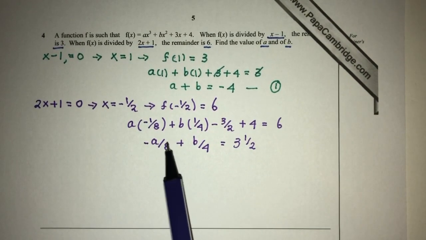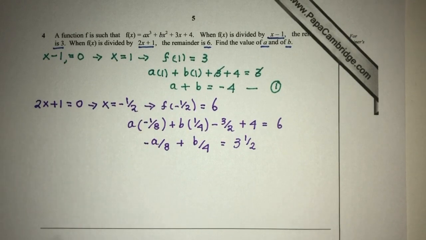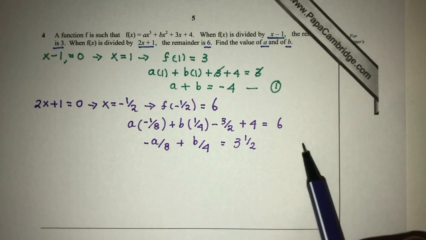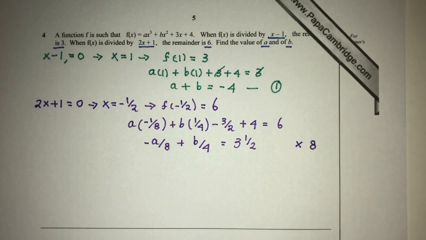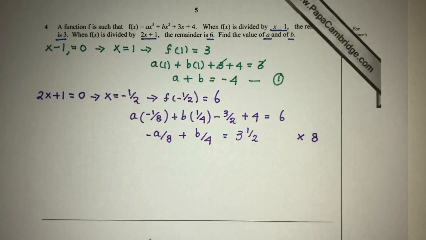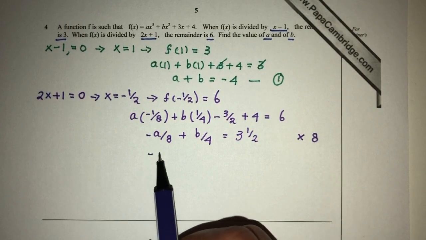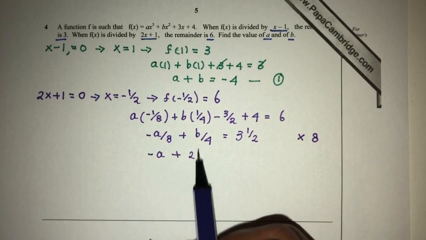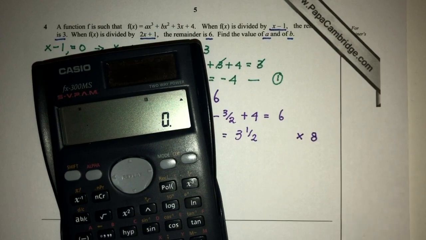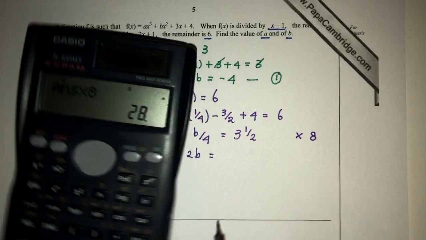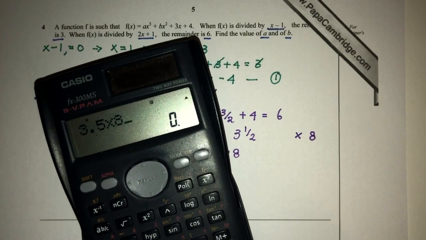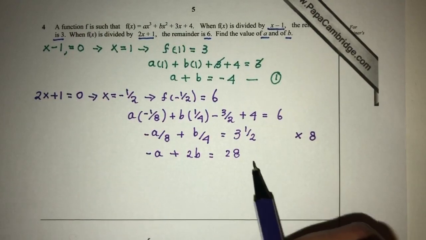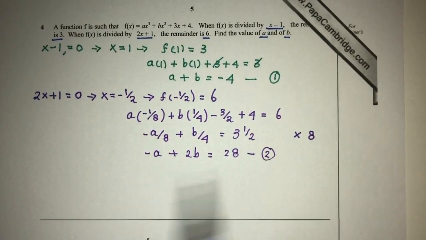Because we have the denominator as 8, here we have 4. We can multiply everywhere by 8 just to eliminate the fractions. It is way easier to work with integers than with fractions, right? Let's do that. This will become minus a plus 2b. That will be what? So answer times 8, let's try again. 3.5 times 8, 28. Right. So this is my equation number 2.